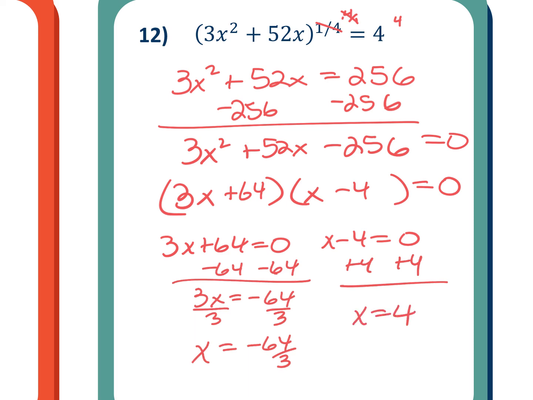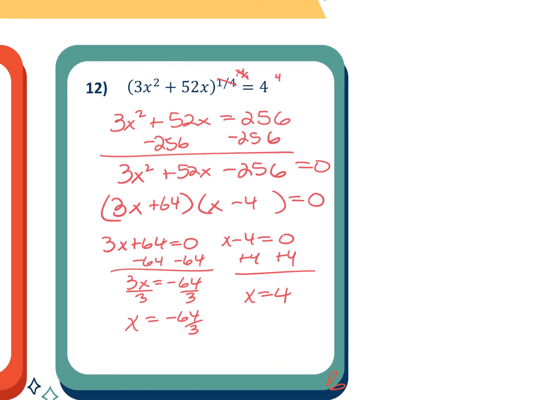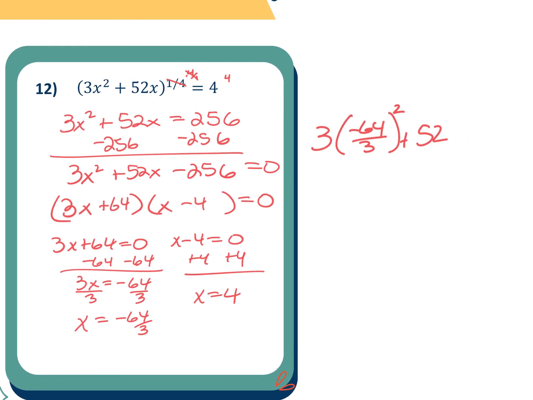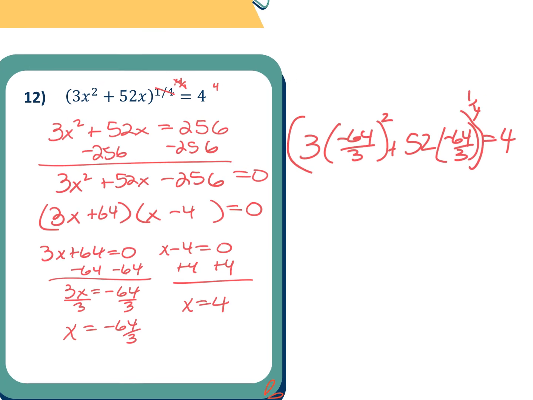So this negative 64 over 3 might be fun. So 3 times negative 64 over 3 squared plus 52 times negative 64 over 3. And all of this is raised to the 1/4 power. So let's see what we get.